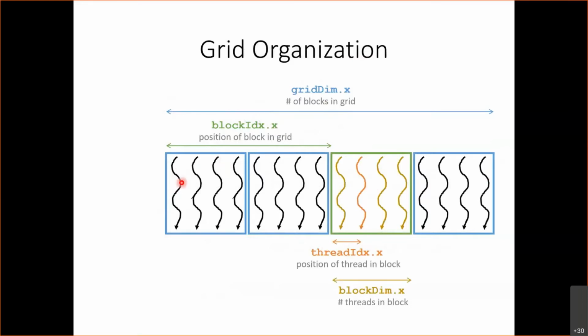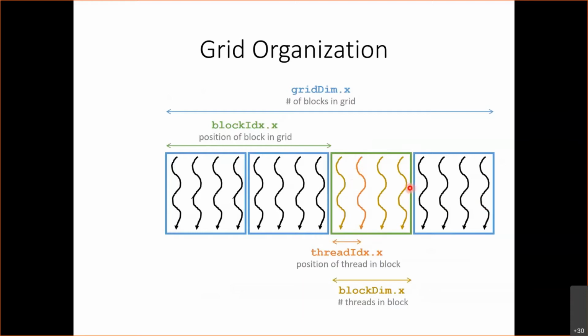For different threads in a grid to distinguish themselves from each other, they have access to keywords available in CUDA: the grid dimension, which tells us the number of blocks in the grid; the block index, which tells us the index of the block with respect to other blocks in the grid; the block dimension, which tells us the number of threads in a block; and finally the thread index, which tells us the index of the thread with respect to other threads in the same block.